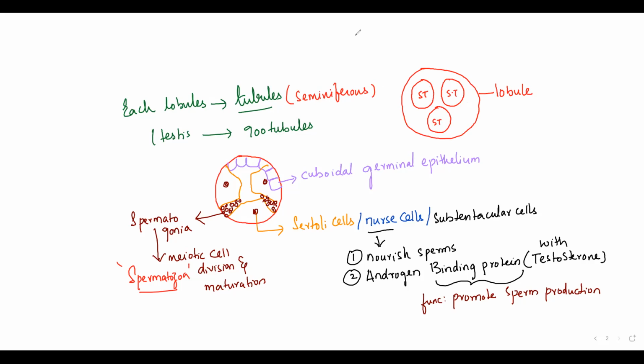Now the next thing I want you to know is, in between the seminiferous tubules, the space here is called the interstitial space, and the cells present here are called interstitial cells, which can otherwise be called the Leydig cells.